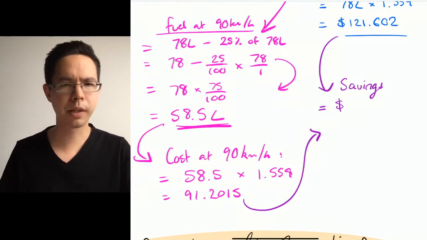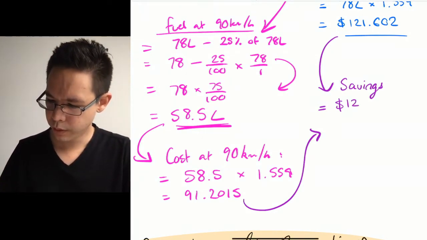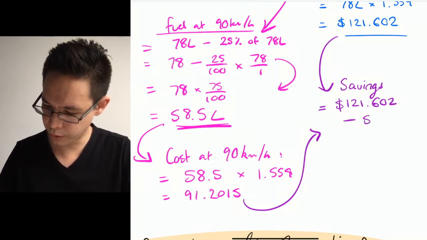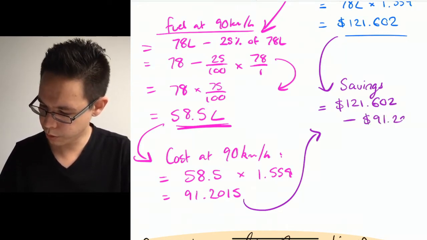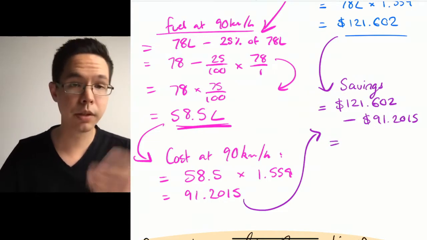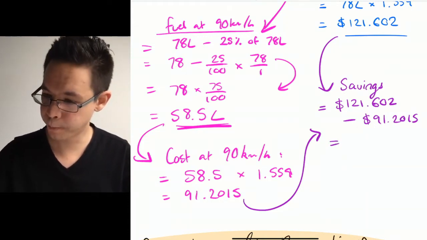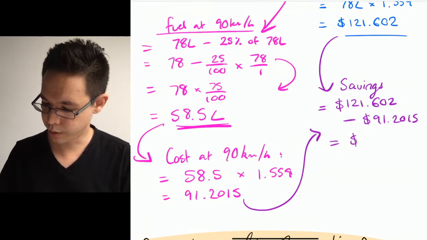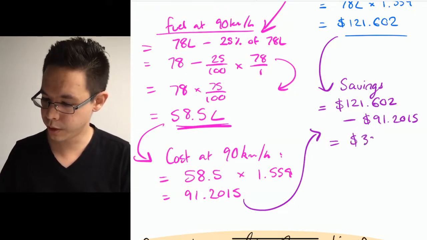Hopefully you can still read what I'm solving here. I'm going to calculate the difference in the two costs, removing the lower cost, and again I'm going to use the calculator to save myself time: 121.602 minus 91.2015, to get a savings of $30.40.